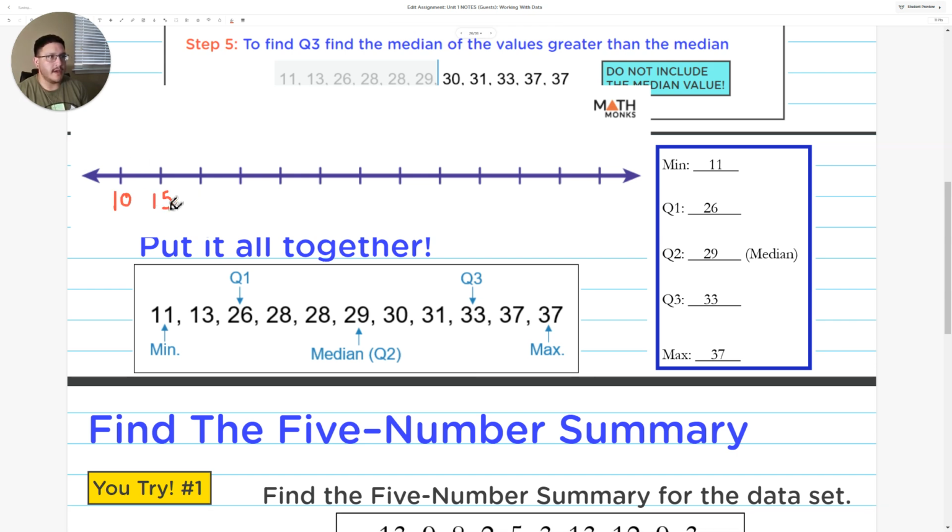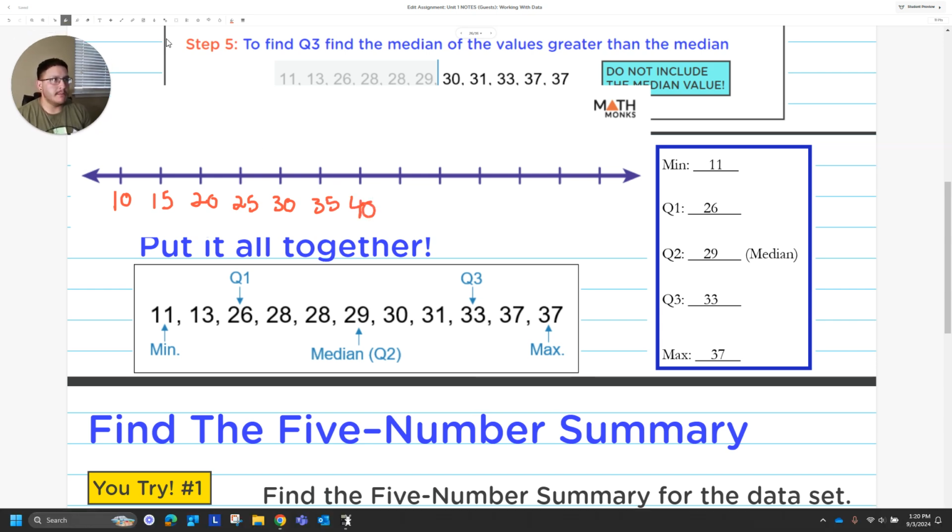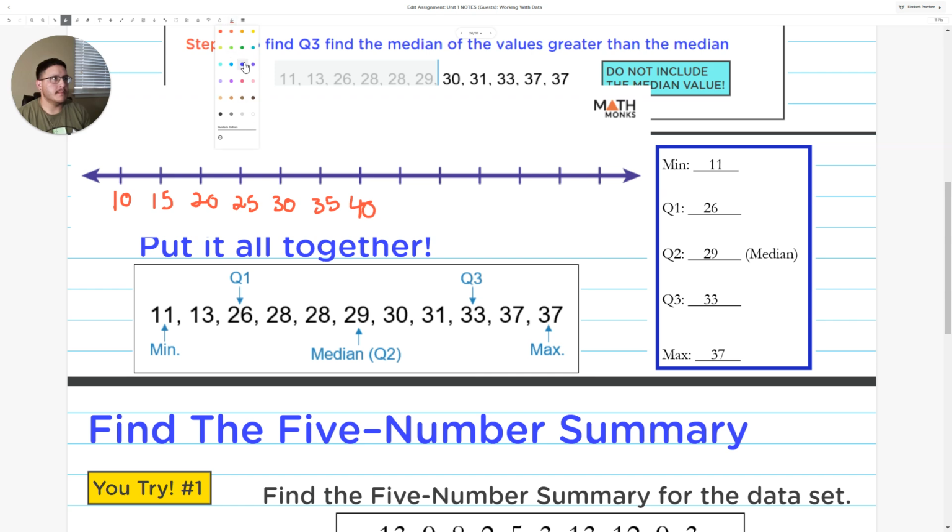So this is 15, 20, 25, 30, 35, 40. Okay? So my minimum is 11. So I'm going to go like right above the 10, right there.